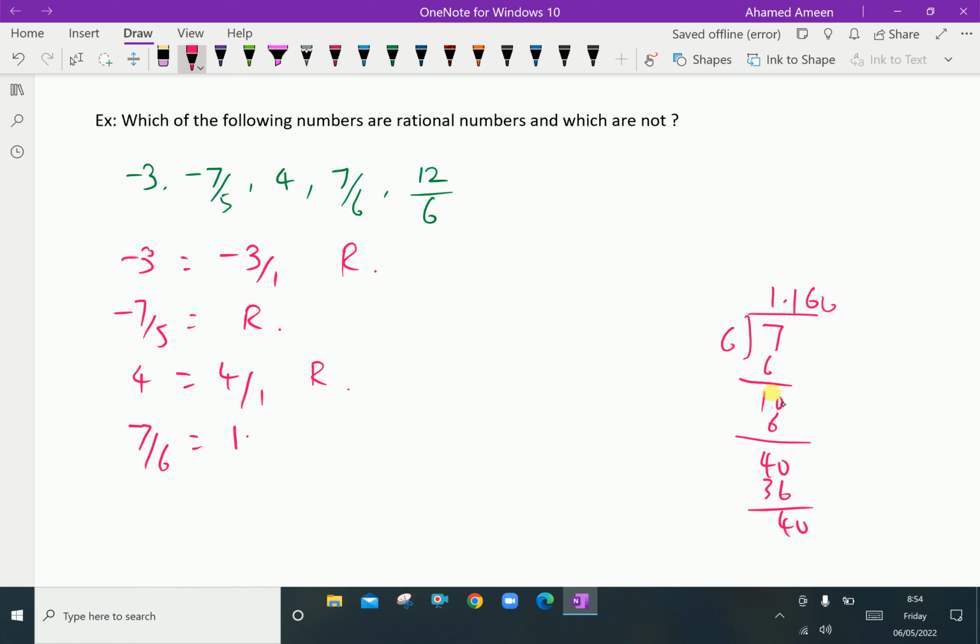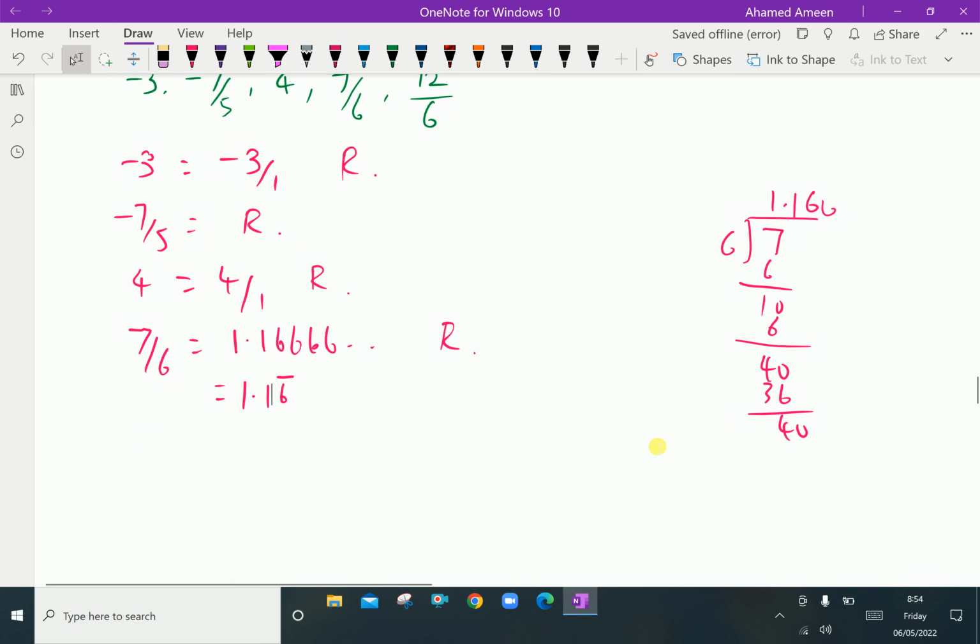That means 1.1666, where 6 is repeating, so it is also a rational number, which can be written as 1.16 with a bar. That bar means the decimal places are repeating, so it's also a rational number. 12 by 6, of course it's a rational number, which is equal to 2 by 1. All are rational numbers here.